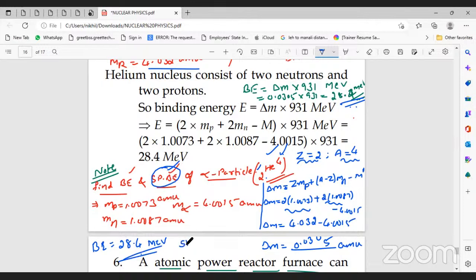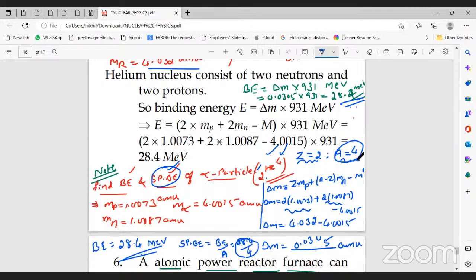You know that the specific binding energy is given by the formula binding energy divided by the mass number A. So for 28.4, you divide by the mass number, that is 4. So 28.4 divided by 4. This value is what we call the specific binding energy.